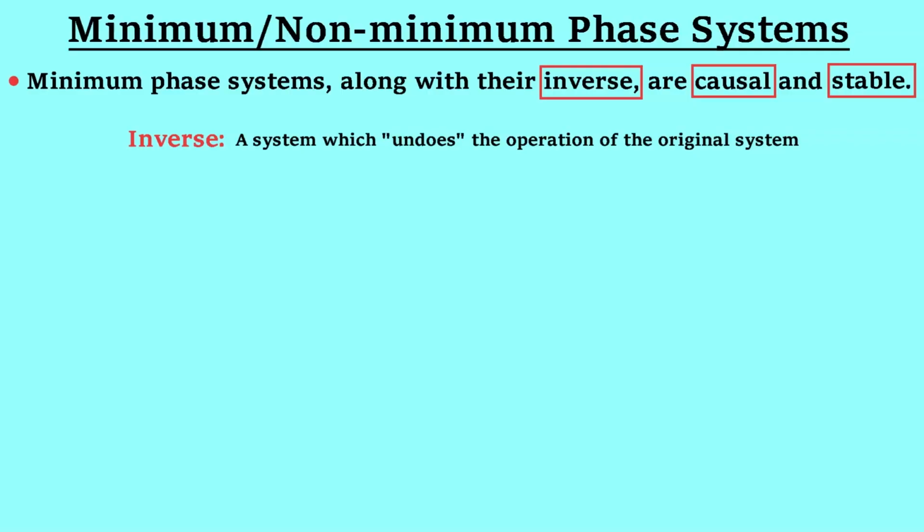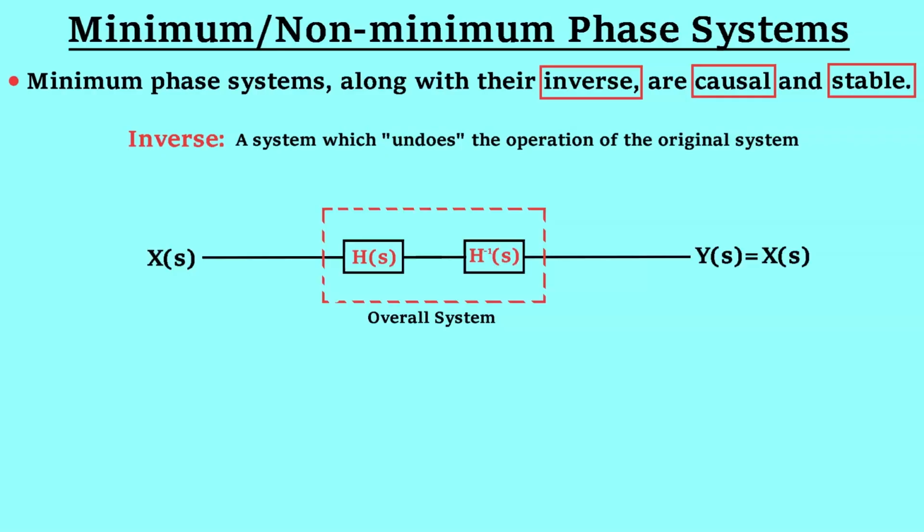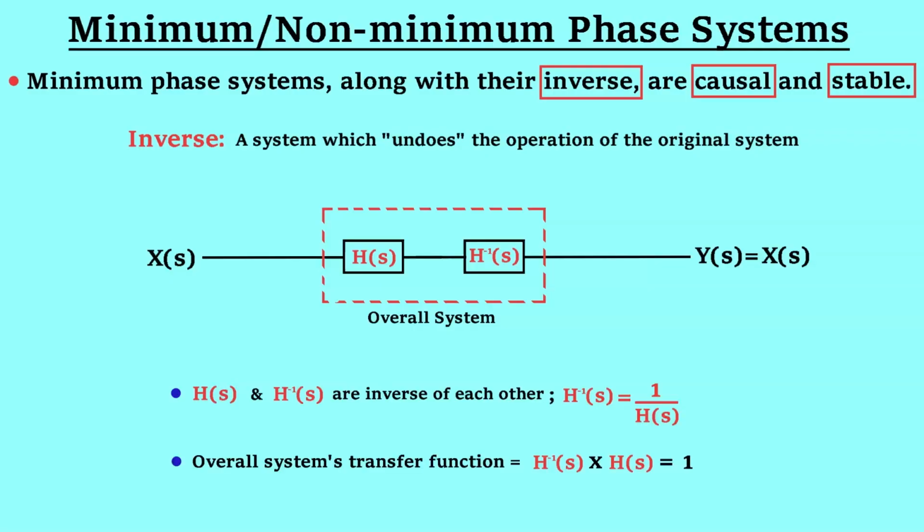The inverse system can simply be defined as the system which undoes the operation of the original system. In other words, the inverse system reverses the input-output relationship defined by the original system's transfer function. Suppose that we have one system whose transfer function is H(s), which is cascaded with its inverse system. Then the output in this case will be equal to the input only. Both the systems having transfer functions H(s) and H inverse(s) are inverses of each other.